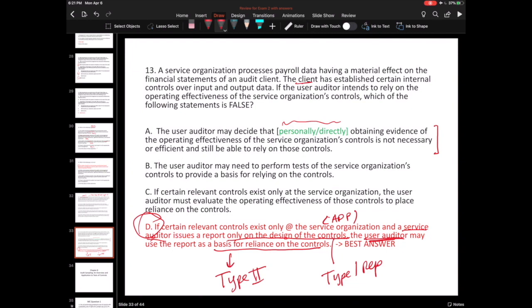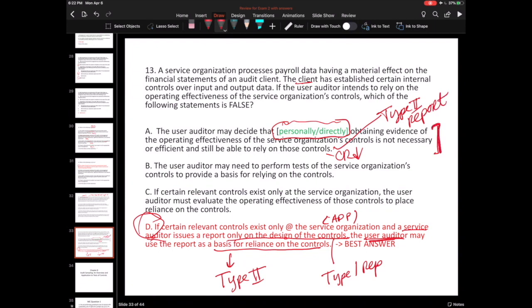The reason people struggled with this is the language makes it sound like the auditor is okay with not getting any evidence that the controls are effective, and then saying, oh, but control risk is low, I'm not doing any substantive testing. Really what this is trying to say is they're not personally going out and testing those controls, and they would still be able to rely on it by getting the type 2 report.